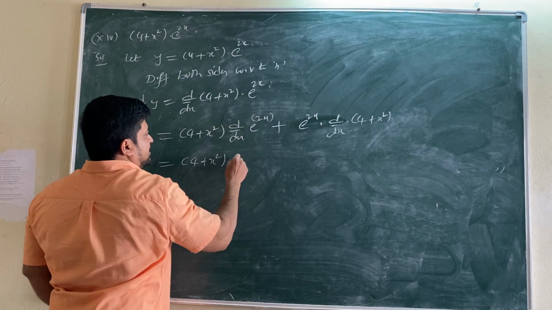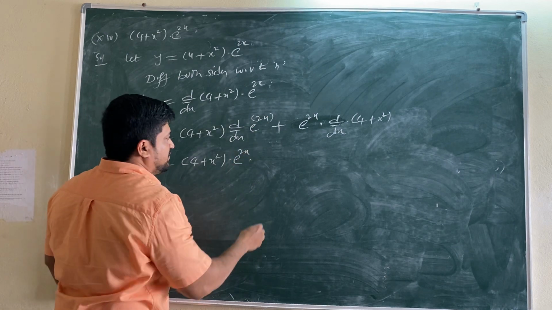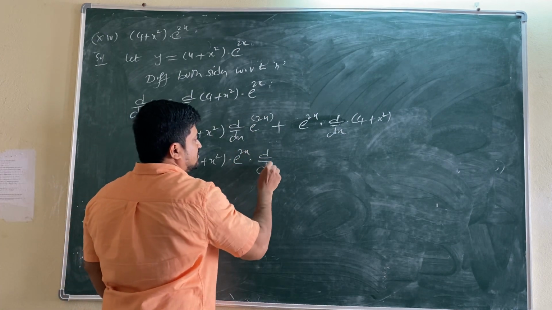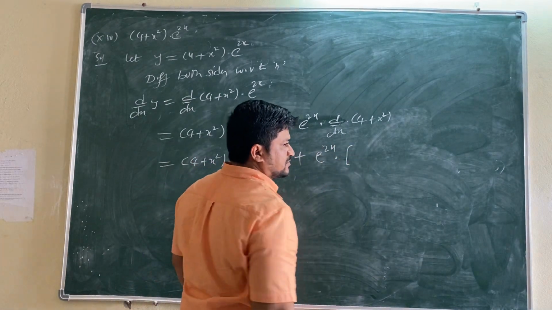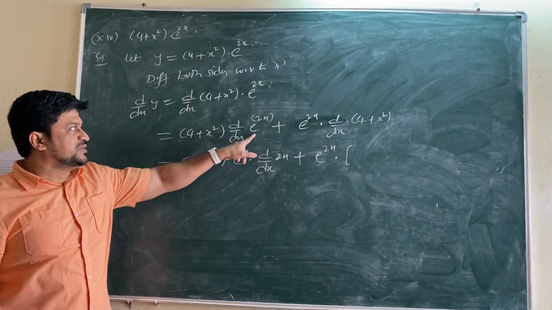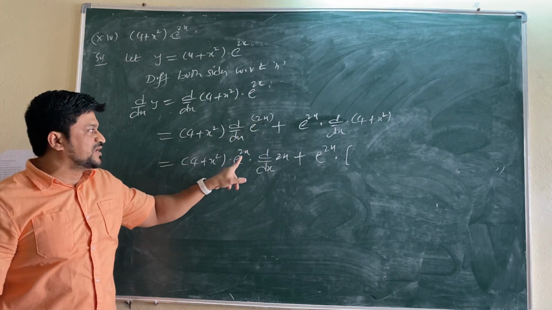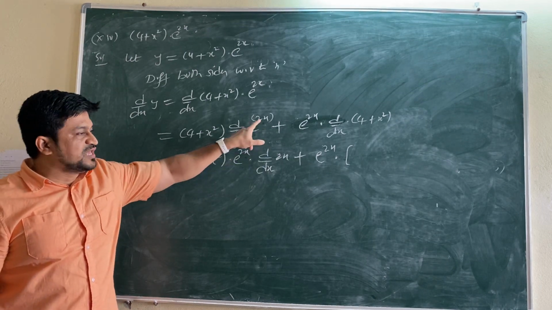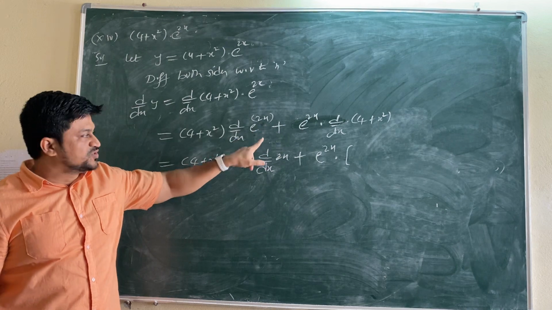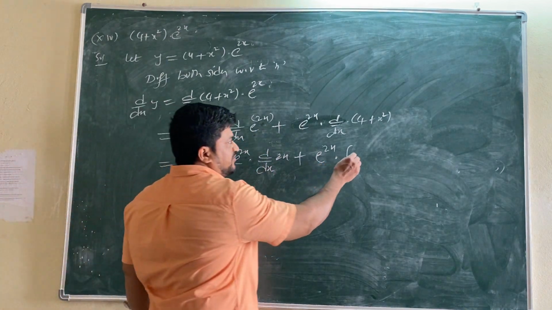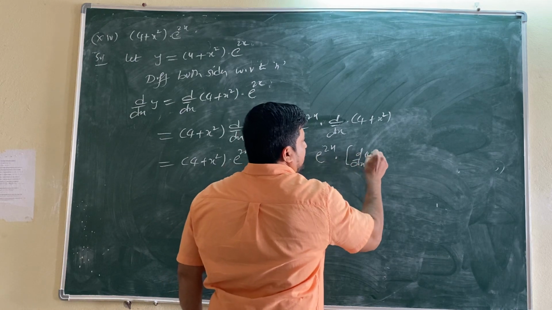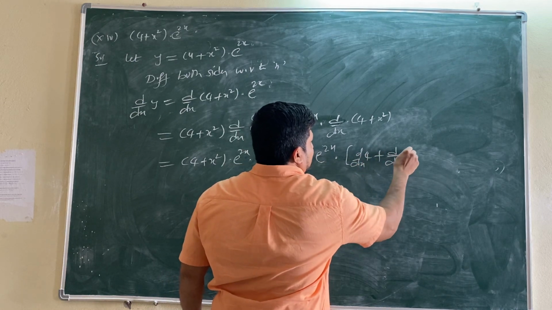The derivative of e power x is e power x into, see what we have done here: e power x we have considered, so the derivative is e power x, and because we have considered that to be x, we should write d by dx of 2x once again. Here we have to differentiate the first one plus differentiate the second one.